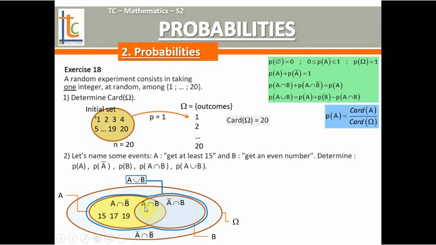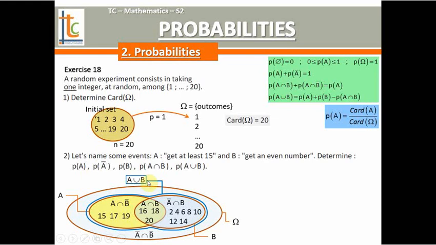At the center, you've got the numbers that are at least 15 and even. So that are 16, 18, 20. On the right, you've got numbers that are not at least 15, so at maximum 14, and still even. So 2, 4, 6, 8, 10, 12, 14.